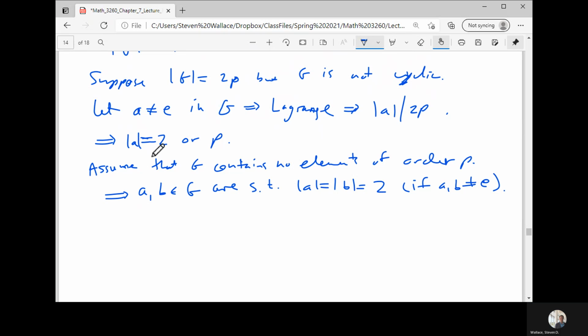So then what we have is, take A and B distinct. Let A and B be different, of order 2, okay.